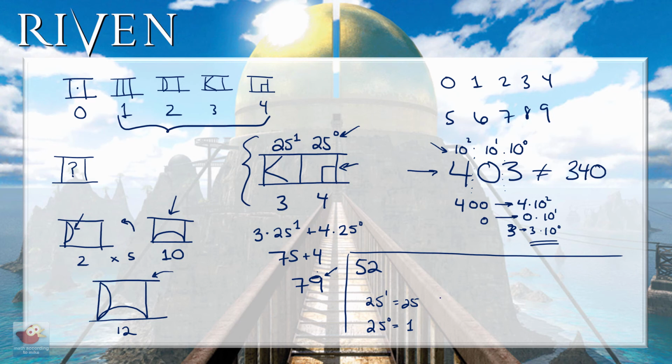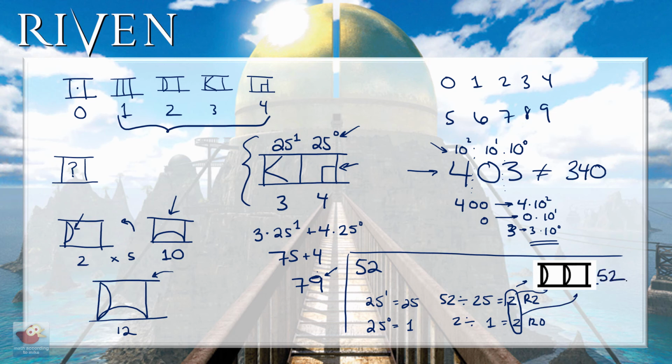So then you would divide 52 divided by 25 is 2, remainder 2, 2 divided by 1 is 2, remainder 0. So your answer would be 2, 2. So for the 25 to the first column, you would draw the number for 2. That's this one here. And for the 25 to the 0 column, you would draw the number for 2. That's that one there. So this is the symbol for 52.